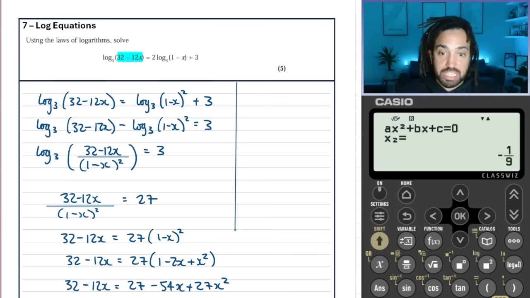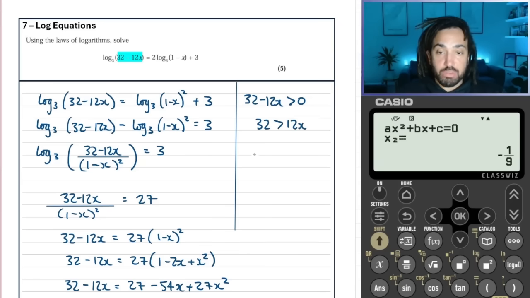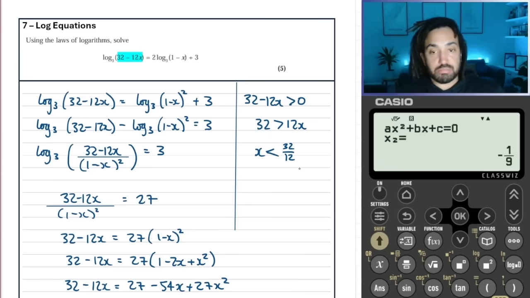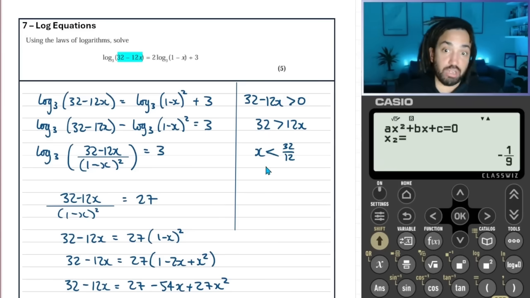Okay, you cannot have a negative input into a logarithm, which means that 32 minus 12x needs to be greater than 0, which means that 32 needs to be greater than 12x, which means that x needs to be less than 32 over 12, like so, which both of them are, to be fair.